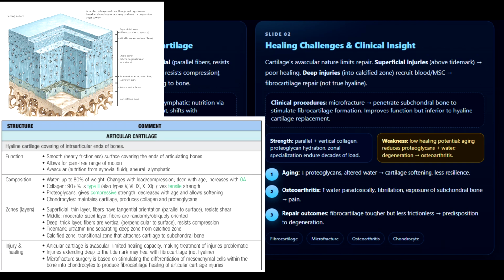So when we look at this simple blue surface on the diagram, we must remember that it is a living, layered, highly engineered tissue, one of the marvels of nature. It bears our weight, cushions our movements, and does so silently and without complaint, until degeneration or injury finally reveals its importance in painful clarity.